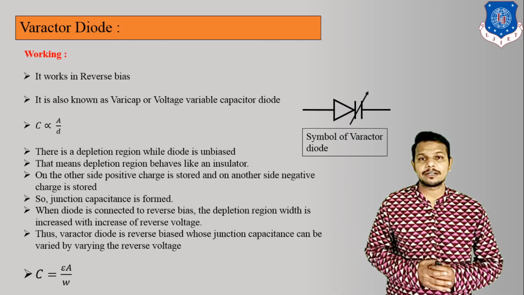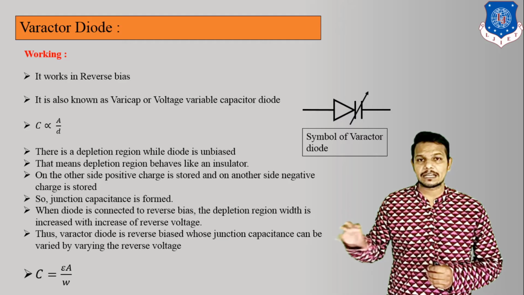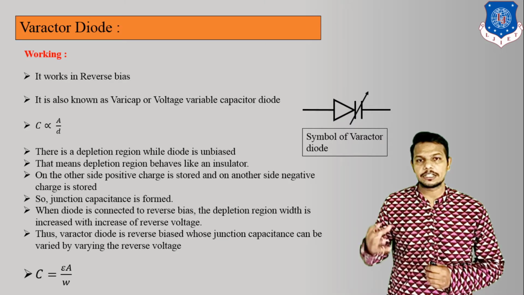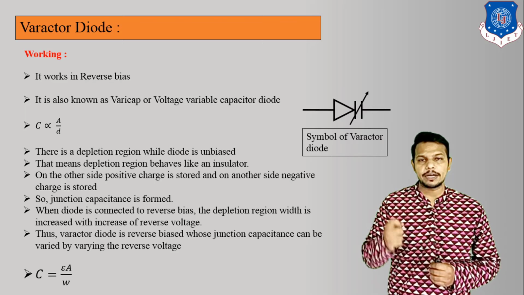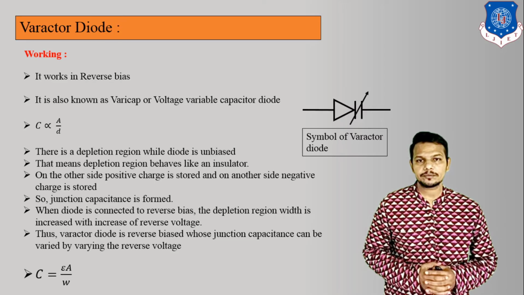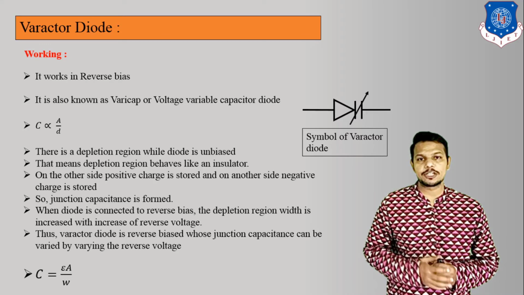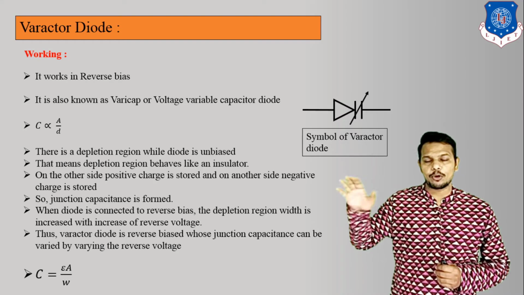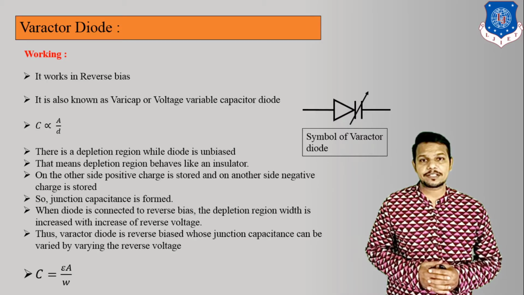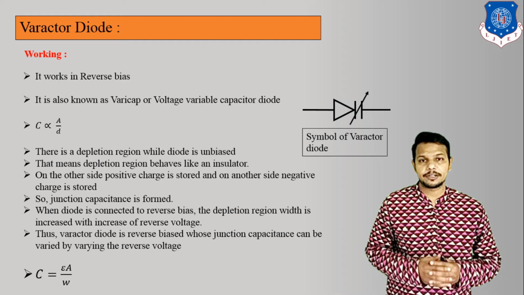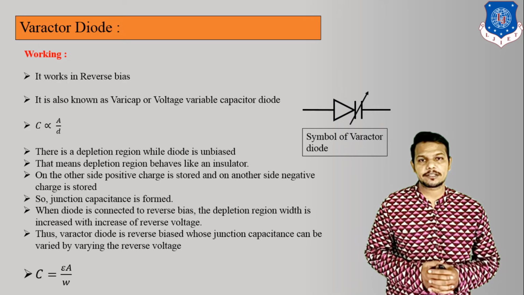Here its equation will be C, that means capacitance, transition capacitance, we can say CT is equal to epsilon A upon W. Or we can say C is directly proportional to A upon D, where C is the capacitance, A is the area of the plates, and D is the distance between the two conducting plates.